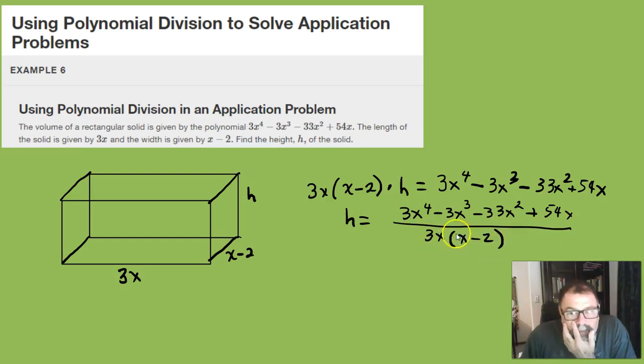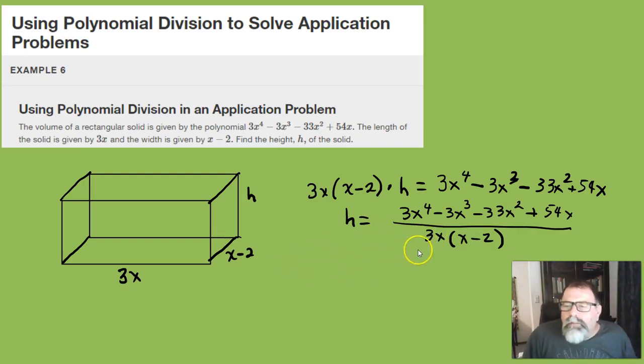Okay, you can distribute that and use long division. I think what I'm going to do is synthetic division and divide these two first, and then it's just as simple as dividing it by 3x at that point.